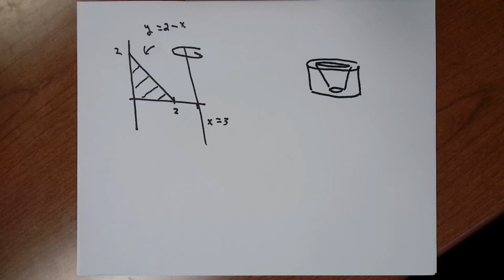Since I'm revolving around an axis that is parallel to the y-axis, what we'll do is we'll use the y-axis as a ruler. We'll split the range of y numbers up into smaller pieces. If I shade in a couple of the relevant rectangles, those are the kind of things that I'm going to revolve around the line x equal 3.